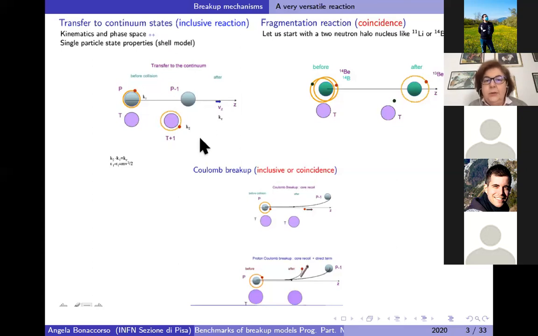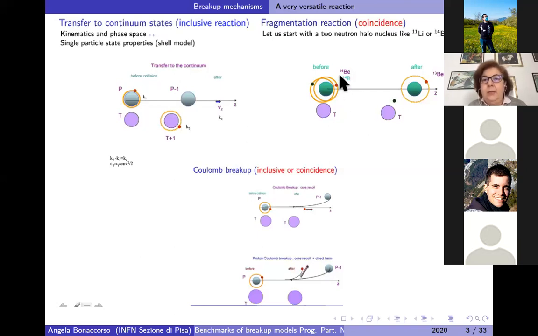And these two processes in free particle scattering give rise to what is called elastic breakup and inelastic breakup. So this is just an intuition, but I will show that the formalism contains this.